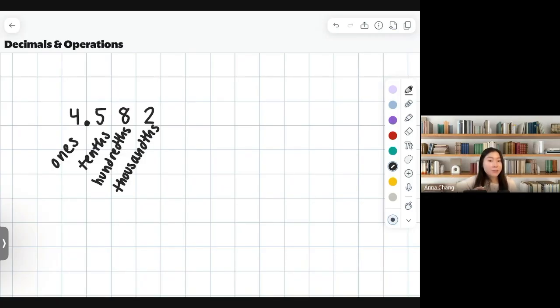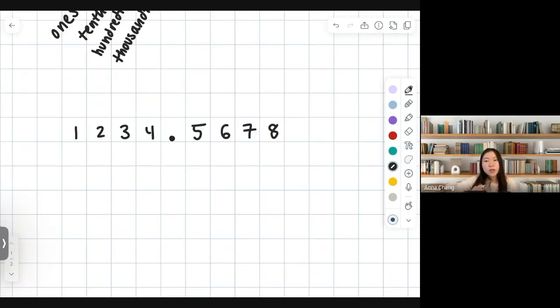You might recognize a pattern here. Let me go ahead and write a longer number to show you. We started talking about place value in our very first lesson, and you might recall that here, this is our ones place, this is our tens place, this is our hundreds place, and this is our thousands place.